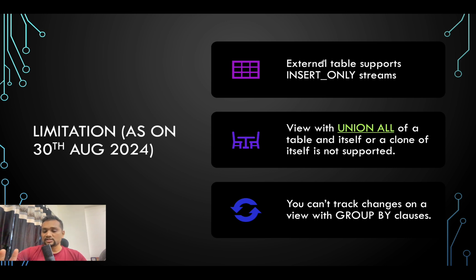Third, you cannot track changes on a view which has a GROUP BY statement inside it. Suppose you have a query with GROUP BY and you build a view based on that query, then a stream on top of that view is not supported.